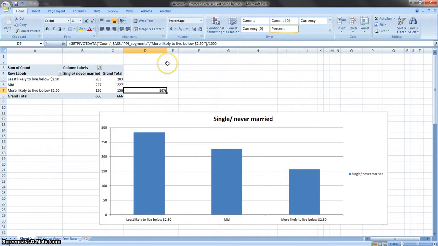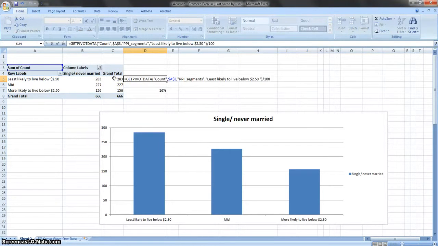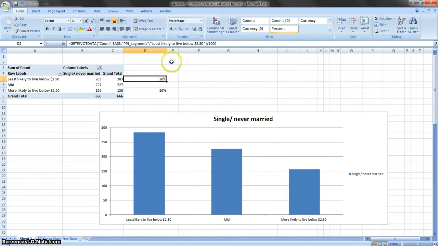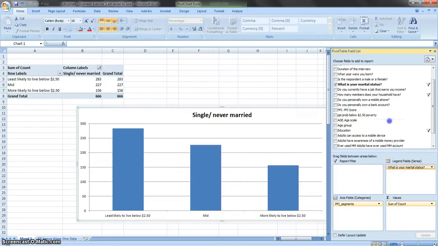You have only 16% of respondents who are single in the category of more likely to live below the 250 line, comparing to 28% within the least likely. So we see a difference. The more likely to live below the 250 line tend to be not single when comparing to the least likely to live below the 250 line. So again, we can take this out and play around with other variables.